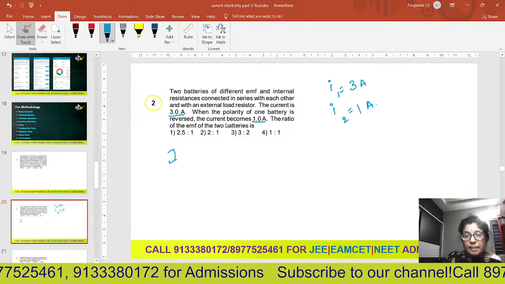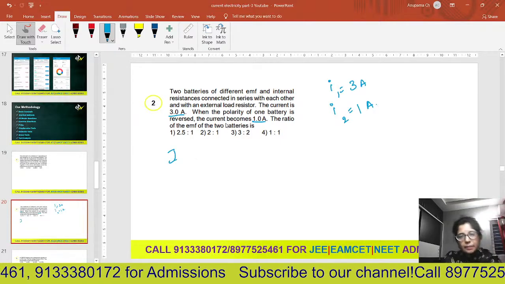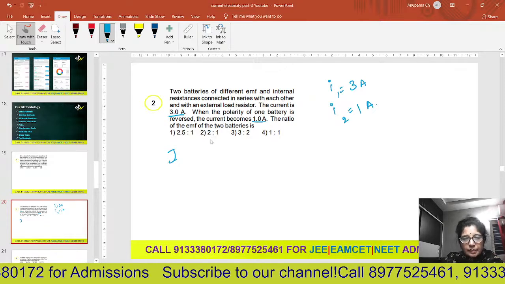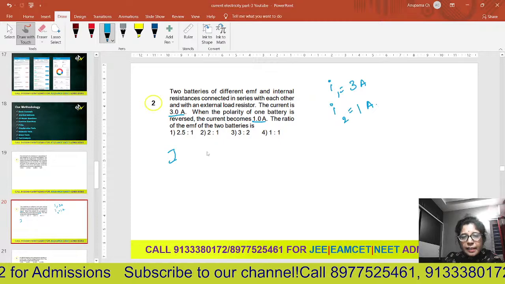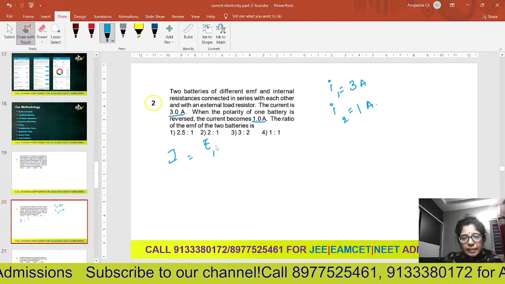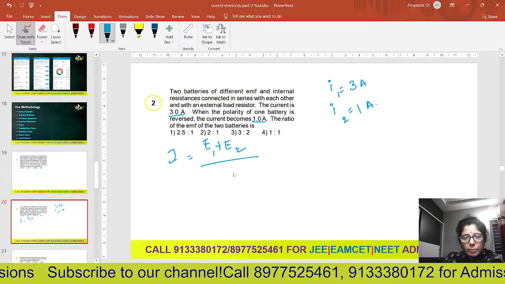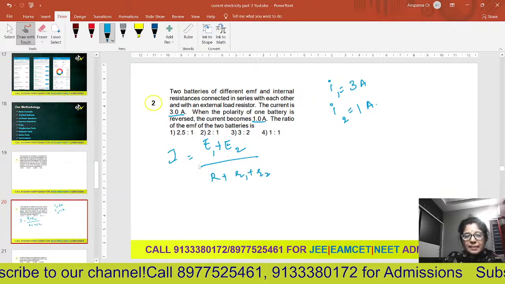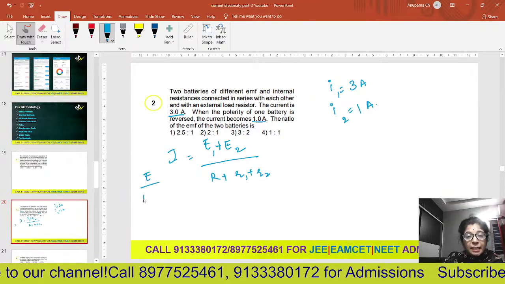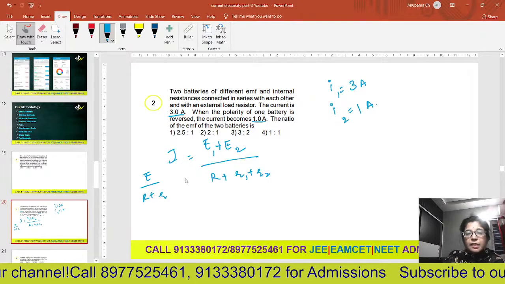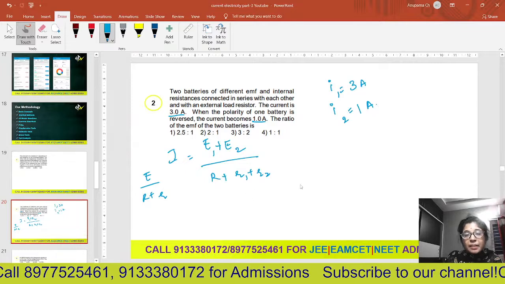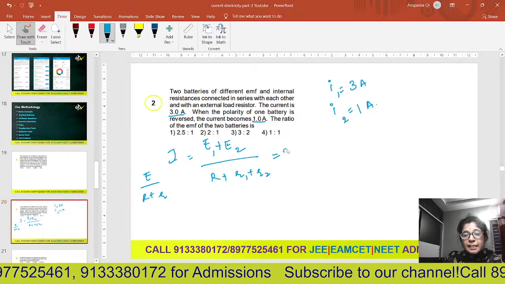Initially, two batteries of different EMF and different internal resistance are in series, so we can write E1 plus E2 divided by R plus R1 plus R2. Isn't it? The original formula is E by R plus r. So this is E1 plus E2 by R plus R1 plus R2. Initially it is 3.